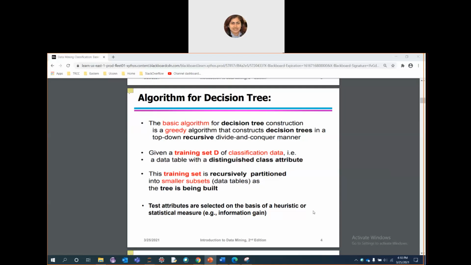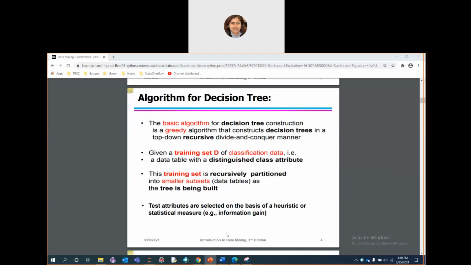So in our data set for classification, we have a training set D. We call the data set D. And that data set or data table will have different classes in the form of class attributes. Then that training set D can be iteratively or recursively partitioned into smaller subsets while building the tree.